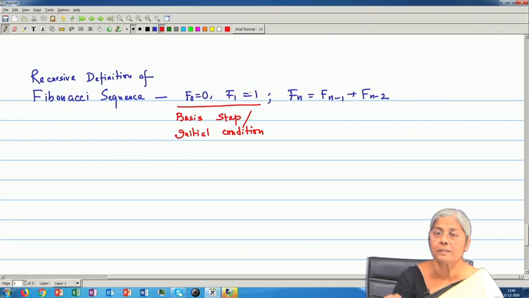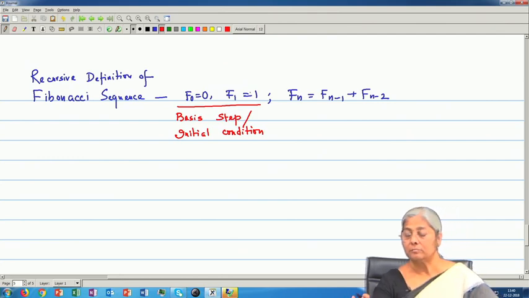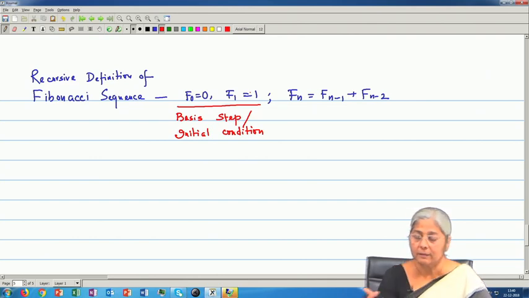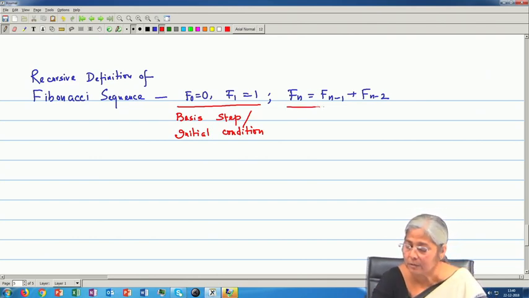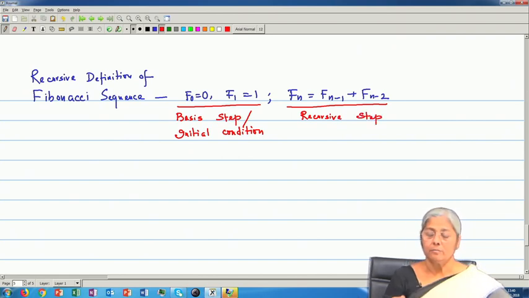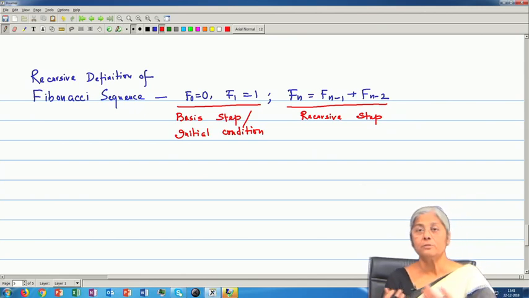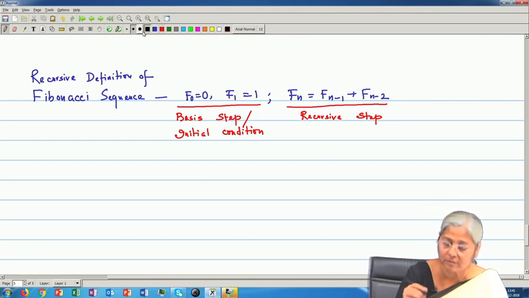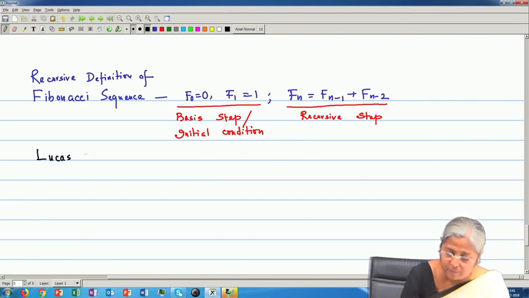So, if I just change this, even if the recursive rule is the same, it will generate some new sequences. This is my recursive step. Now, one such new sequence we call the Lucas sequence.